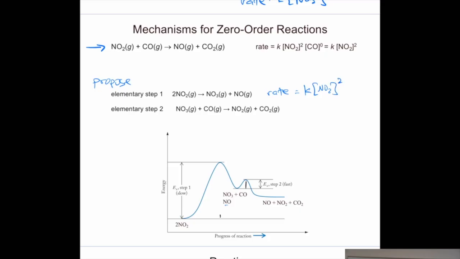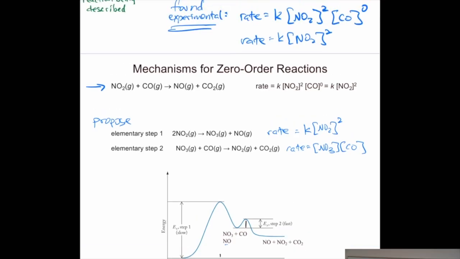And for the second step, the rate would be equal to K times the concentration of NO3 raised to the first power times the concentration of CO raised to the first power. If we had looked at the overall reaction at the very beginning, we would have come up with a rate law equal to K times NO2 times CO, right? That's just based on the coefficients.